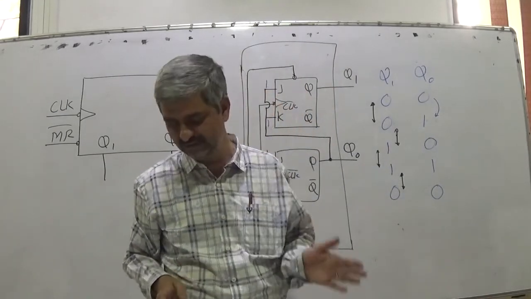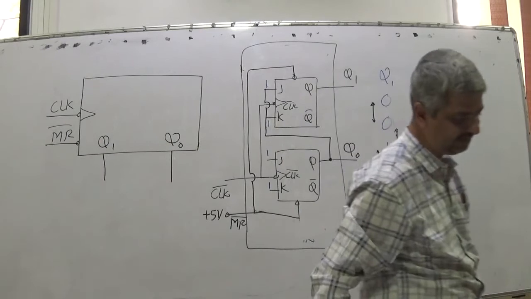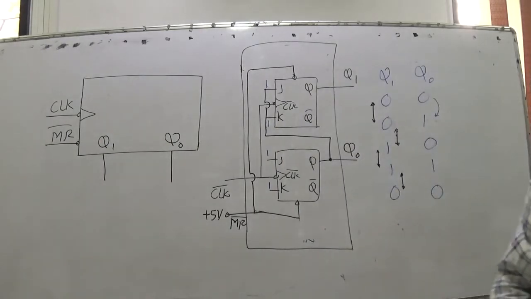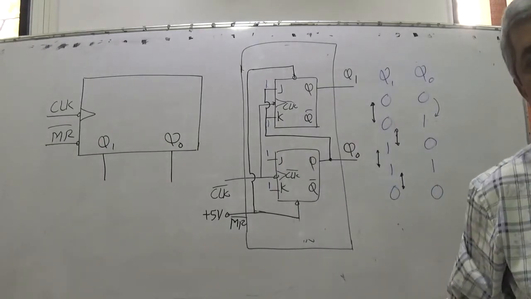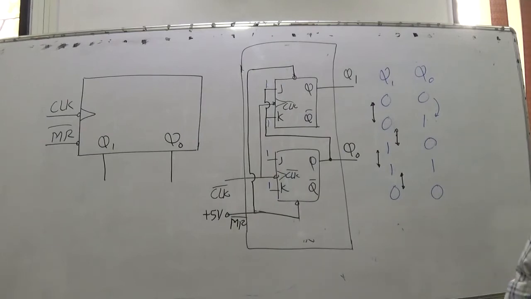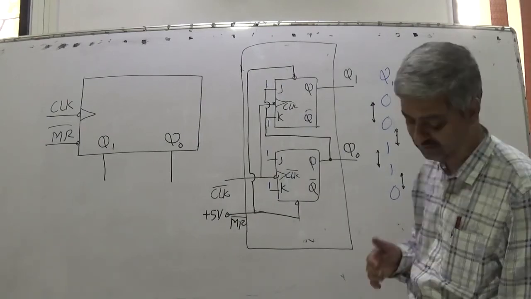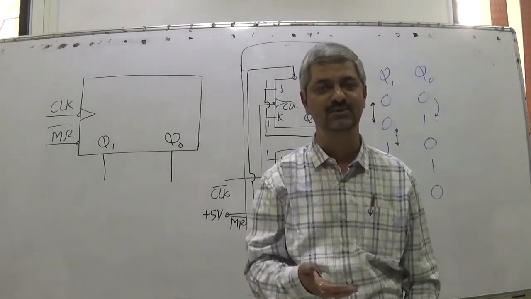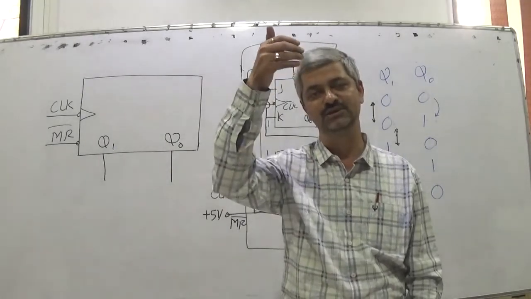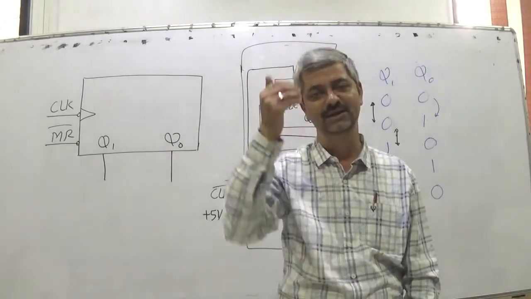In the next lecture, we will go for multiple-bit counters, then a down counter. 2-bit counter has 4 states, 3-bit counter has 8 states.